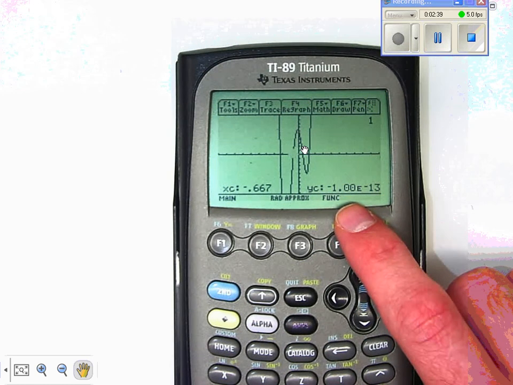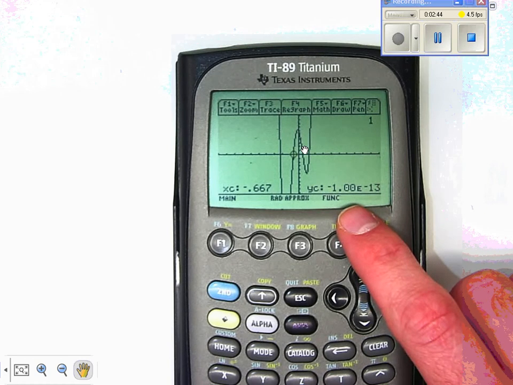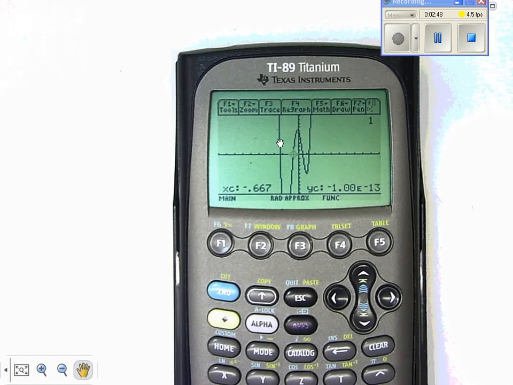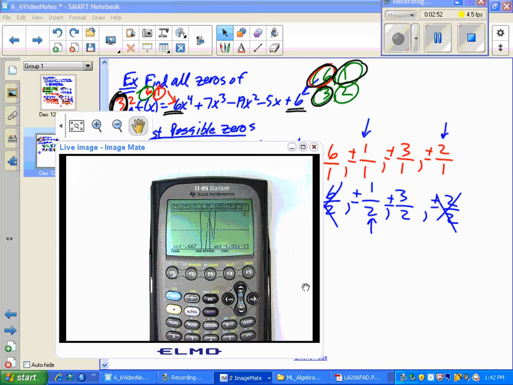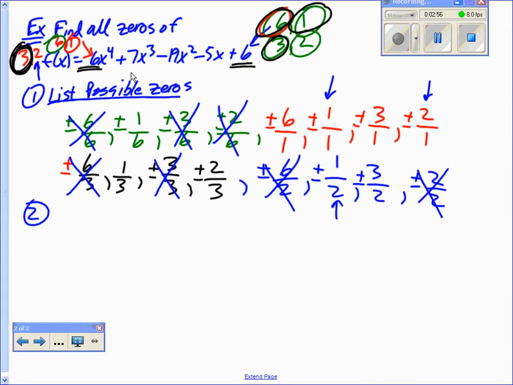Negative 2/3, right? And so you're going to say, okay, let me go back to this. So negative 2/3 is going to work then, right? Because we're factoring.